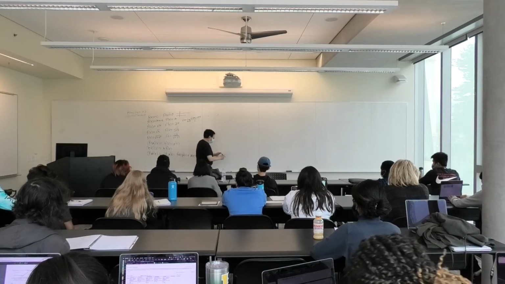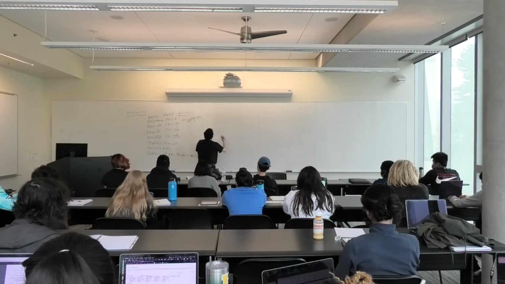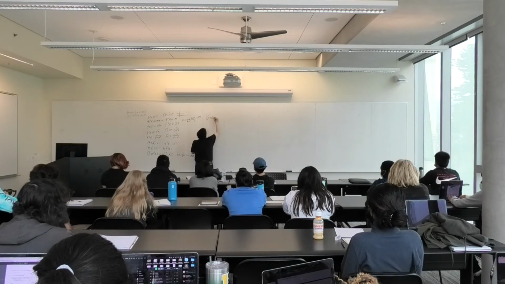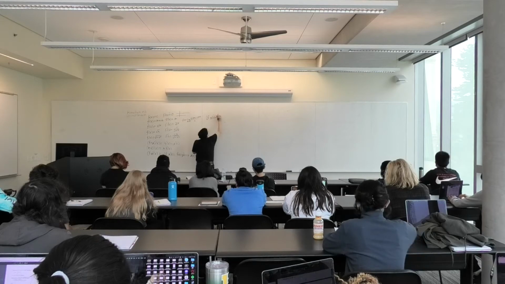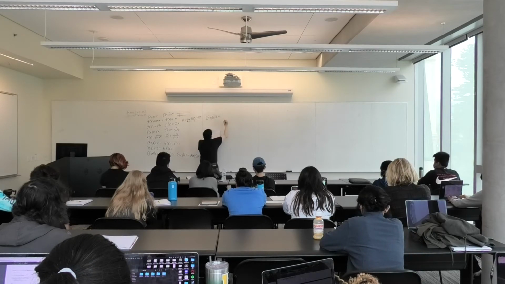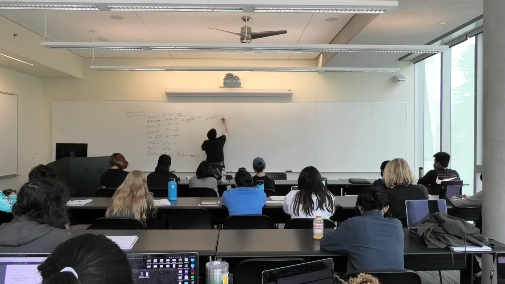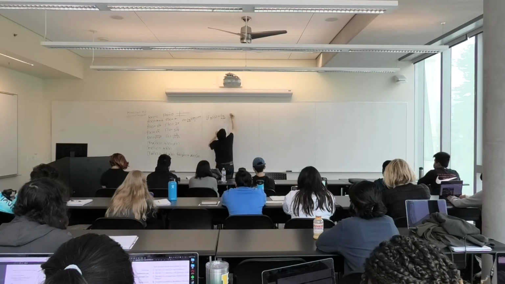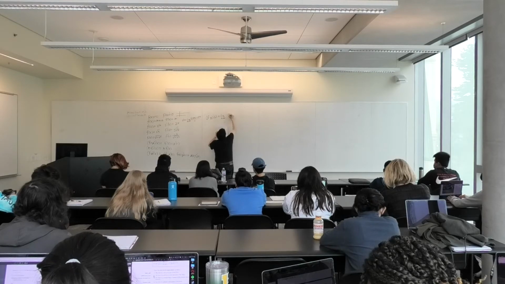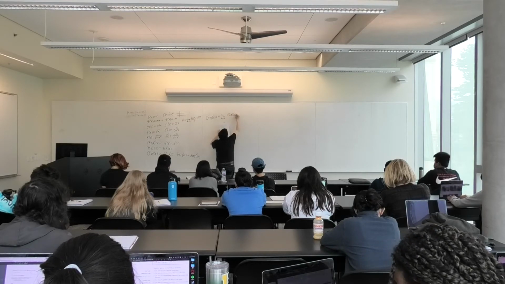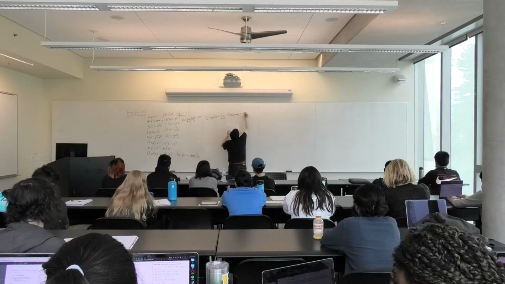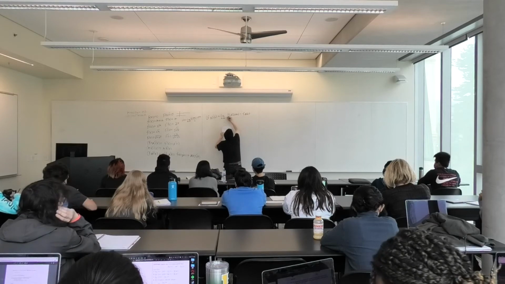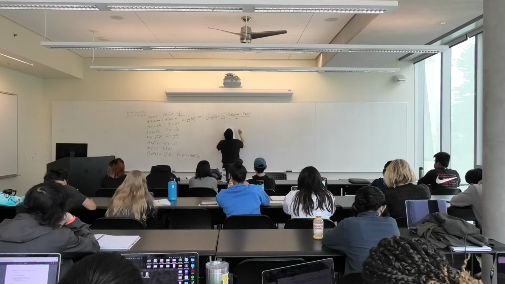All right, so let's go for it. Let's see if we can show that this is the case. So the derivative of f times g at x is the limit as h approaches 0 of f times g at x plus h minus f times g at x, all over h.